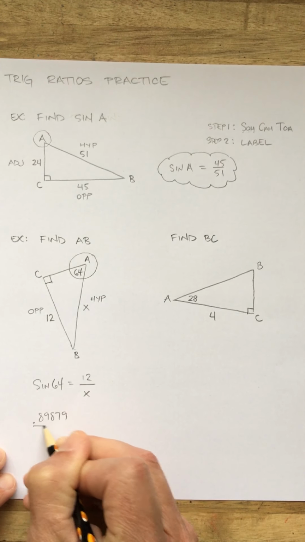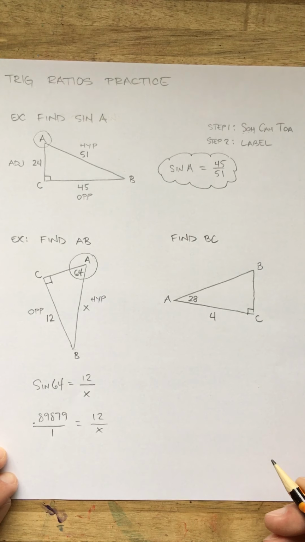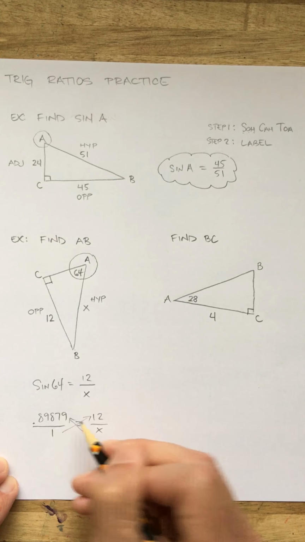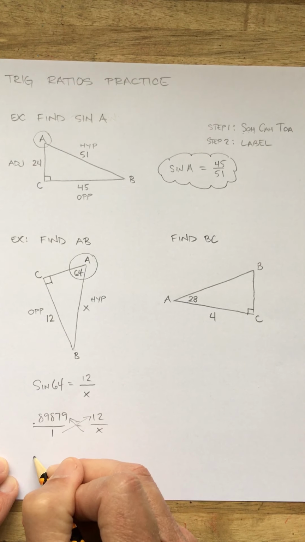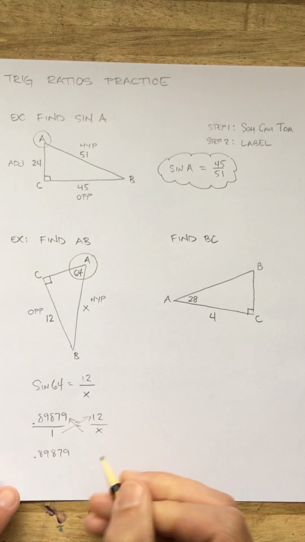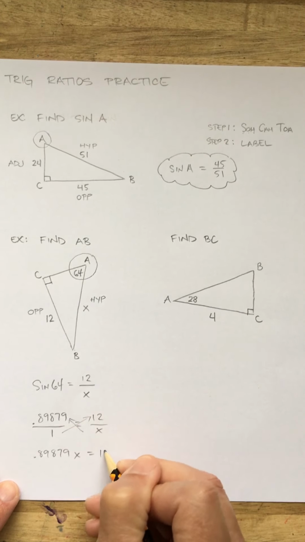So this is 0.89879. Remember, it's over 1 equals 12 over x. Okay? And now cross multiply. And we get 0.89879 times x equals 12 times 1 is 12.